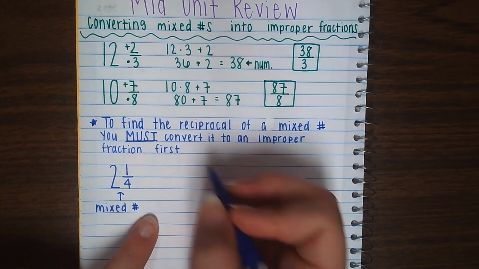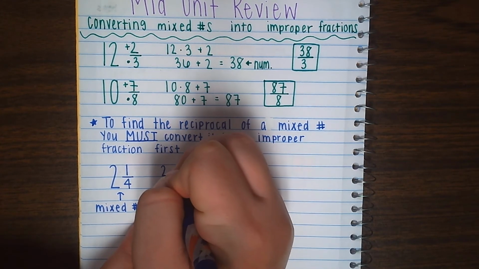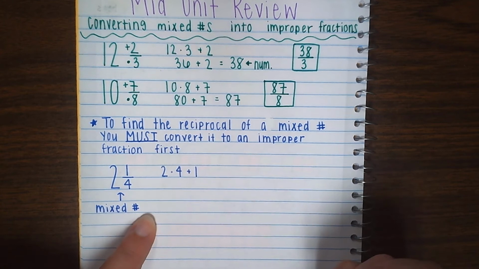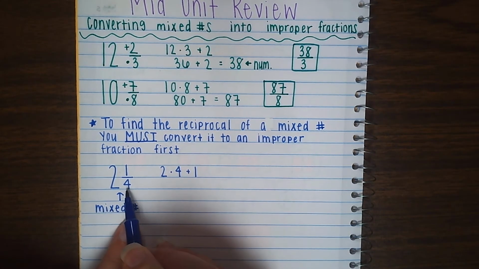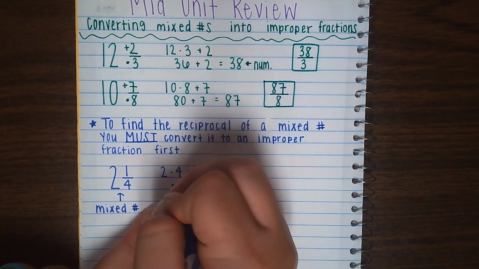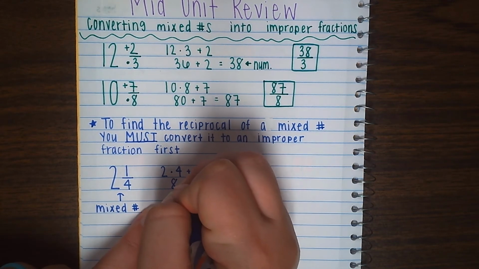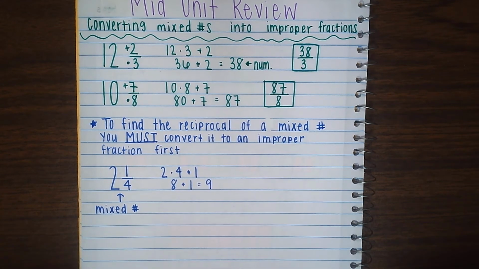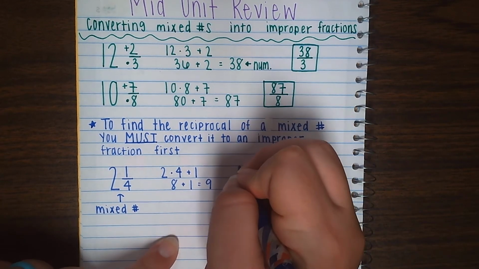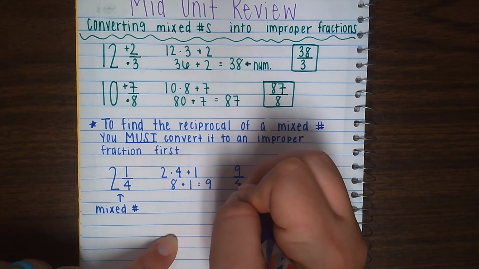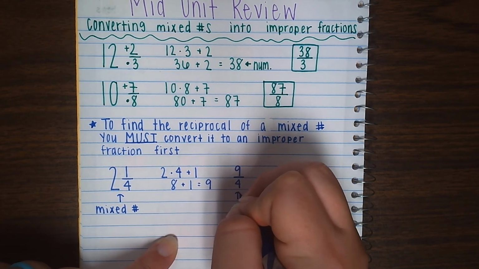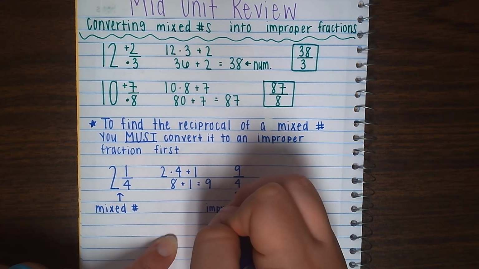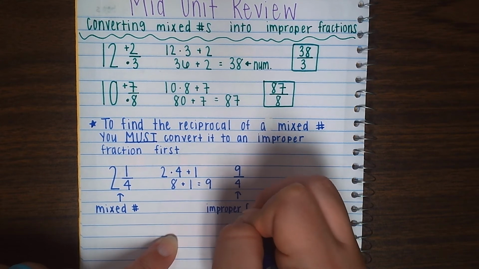So just like we did before, you're going to take the whole number times the denominator plus the numerator. So 2 times 4 plus 1. 2 times 4 is 8. 8 plus 1 gives us 9. So our improper fraction is 9/4. So I'm going to label that. This is our improper fraction.